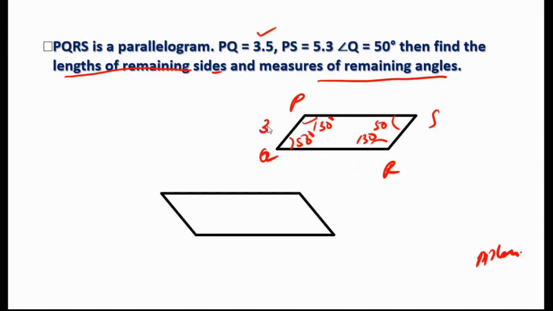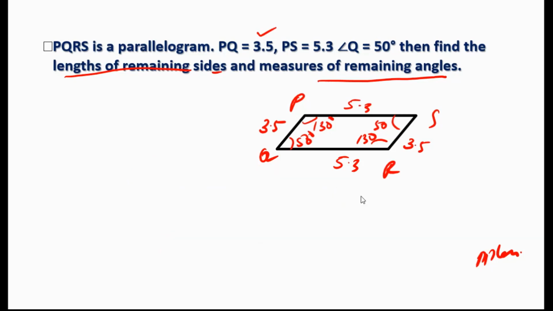PQ is 3.5, PS is 5.3, so this is 3.5, this is 5.3. This way our diagram would be. But diagram is not expected, but I am telling you how that diagram will look if you really make it according to the measure. They are not expecting it even according to the measure, they are expecting the answer. Let's go ahead.